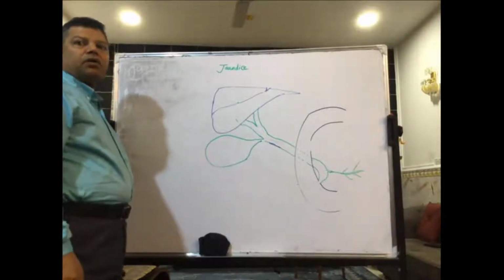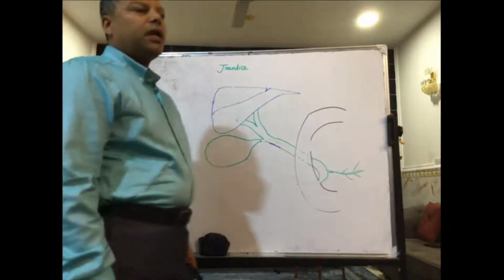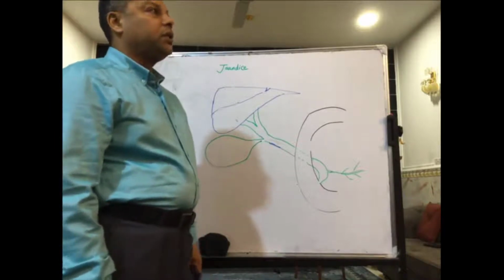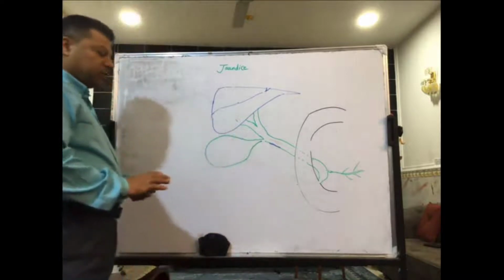Above this level, consider jaundice, and it can be revealed clinically when the level reaches about 3 milligram per deciliter.